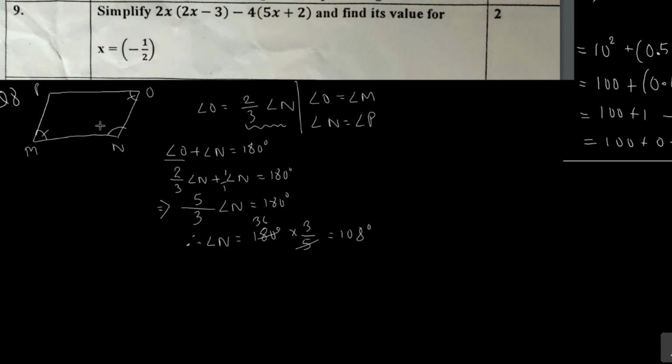So angle N, the larger angle, is 108 degrees. This would be 72 degrees, right? Angle O is equal to 72 degrees. How? 2 by 3 into 108. 36 times 2, 72 degrees. The smallest angle is 72 degrees. Got it? That's it.